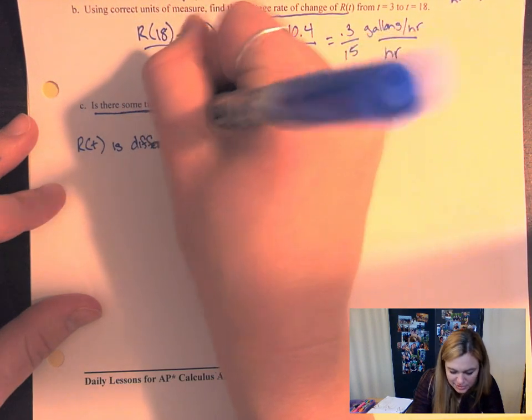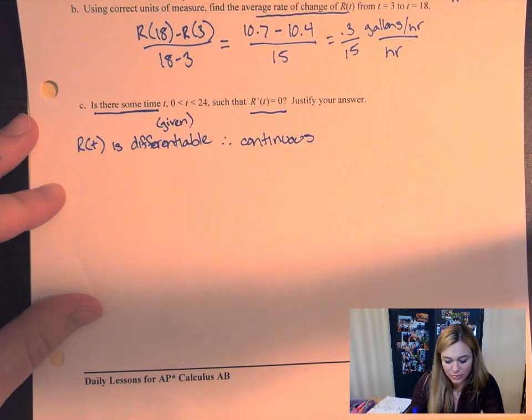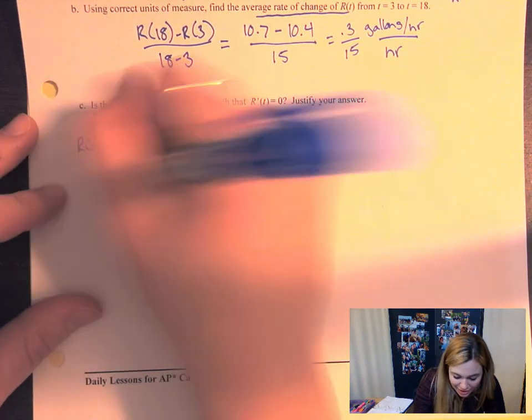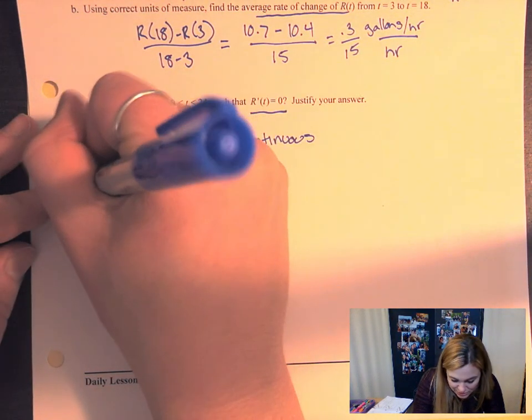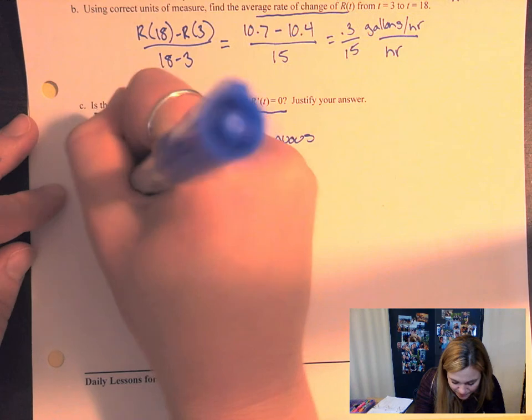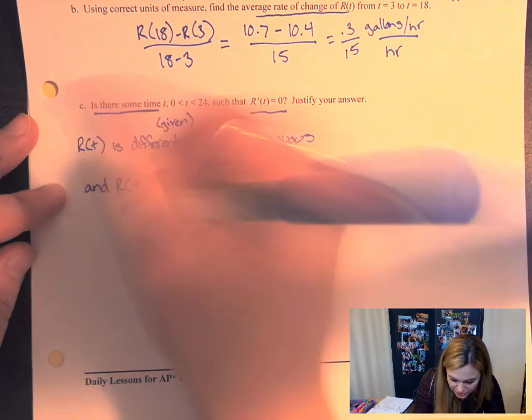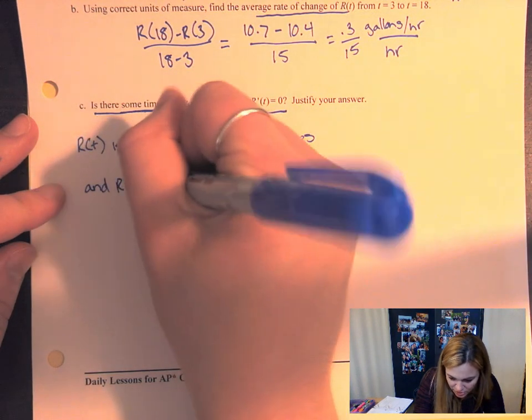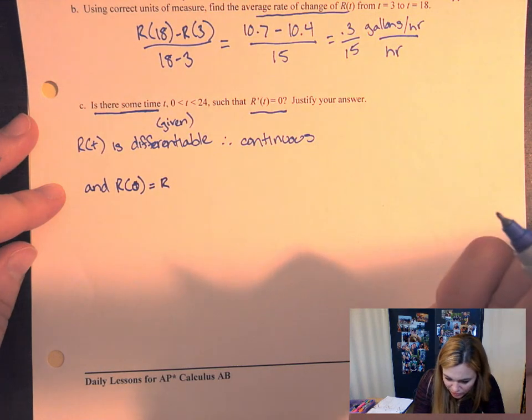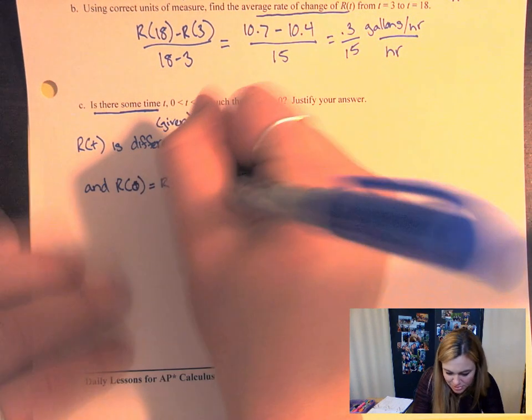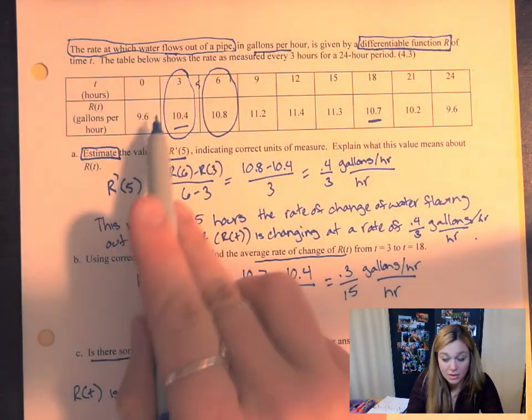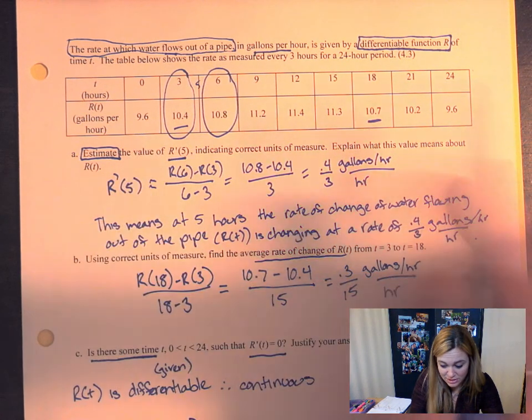This is if we're using rules. And r of 0 equals r of 24. Is that the case? r of 0 is 9.6. r of 24 is 9.6.